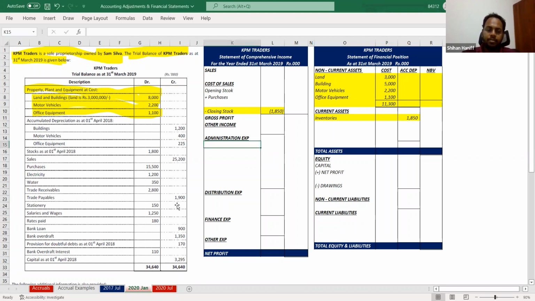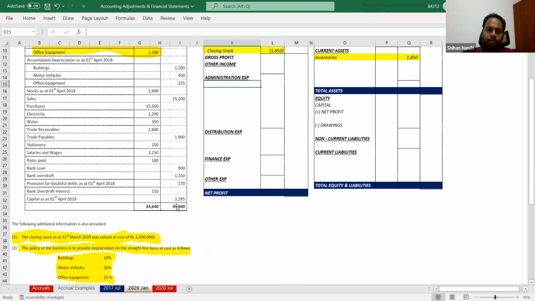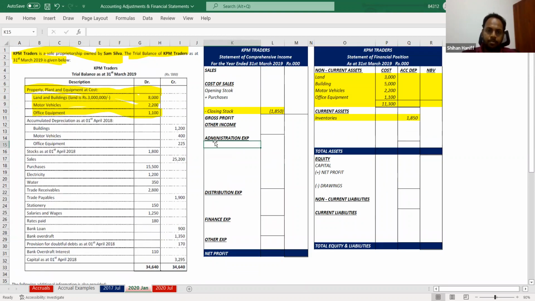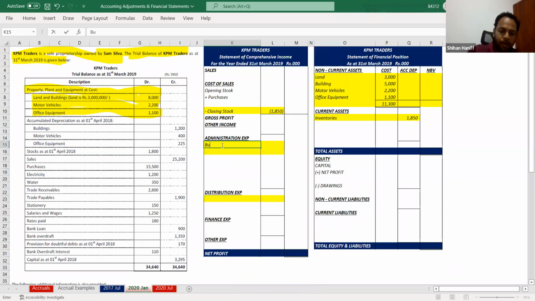Then let's calculate the depreciation: building, motor vehicle, and office equipment. Building depreciation is administration, and office equipment also administration.